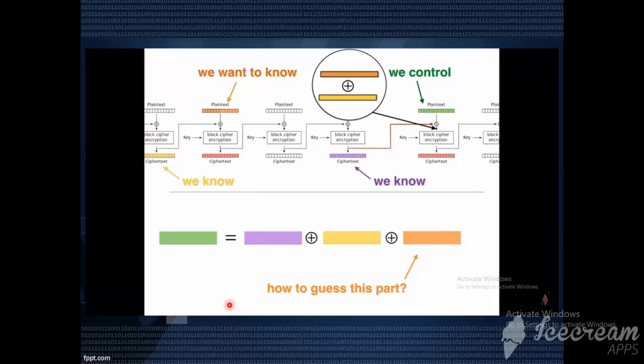So initially the attacker knows the first ciphertext and he knows the last ciphertext, and what he wants to know is the plain text. So how to get this plain text?